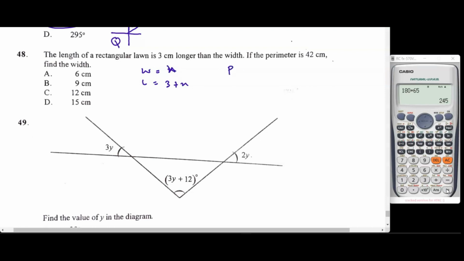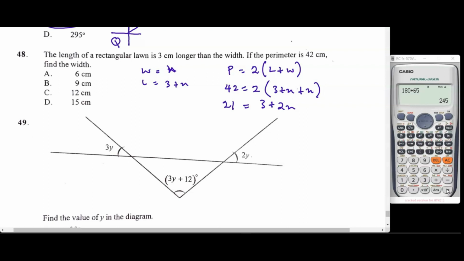Remember, perimeter of a rectangle is twice the sum of the length and the width. So we have the perimeter, 42, equal to 2 times the length, 3 plus x, plus the width, x. Working out for x, we first divide through by 2. So we have 21 equal to 3 plus 2x.